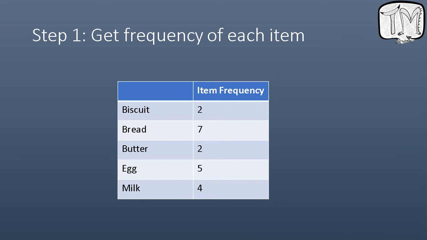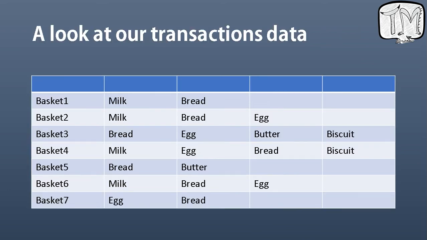So the first step in the FP growth algorithm is to get the frequency of each item. As you can see here, we take distinct item names: milk, bread, egg, butter, biscuit. And you'll see milk, bread, egg, butter are all duplicates, okay.